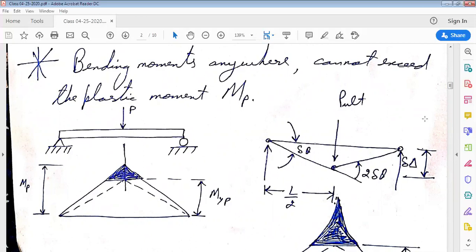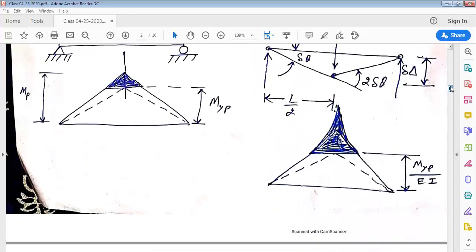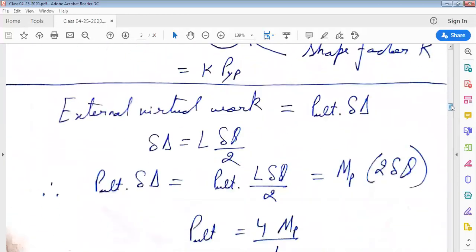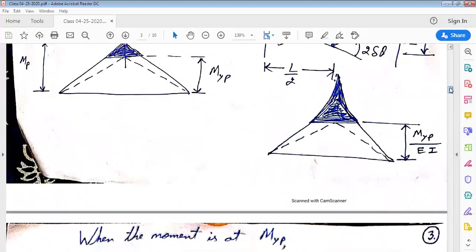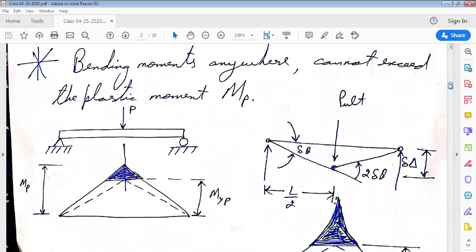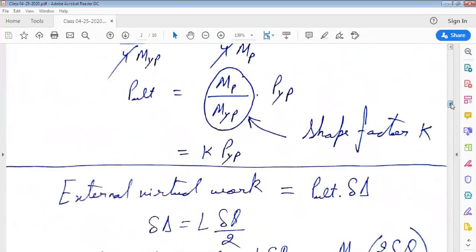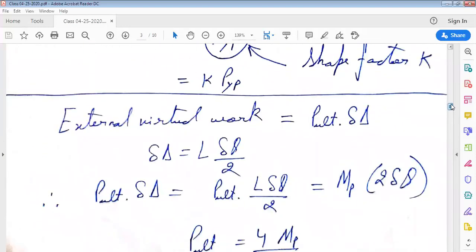The external load in this case is P ultimate, and the deformation in the direction of the external load is delta. This gives us external virtual work as P ultimate into delta. And delta we can write as L by 2 into delta theta, that is, delta equal to L into delta theta divided by 2.